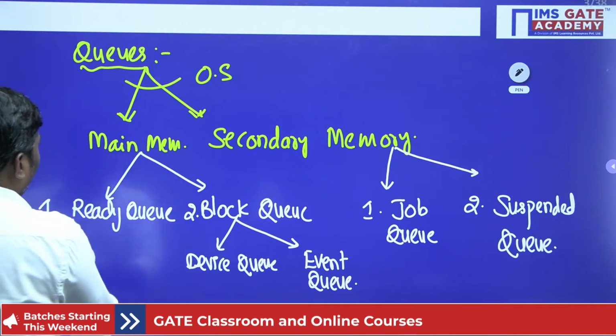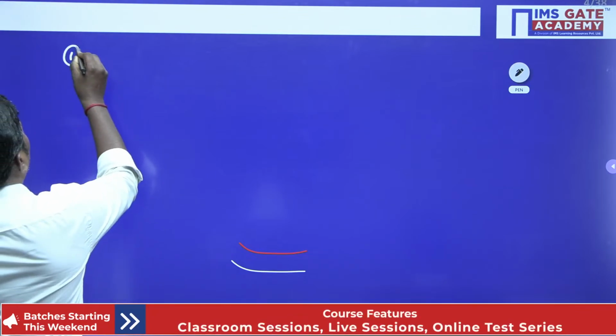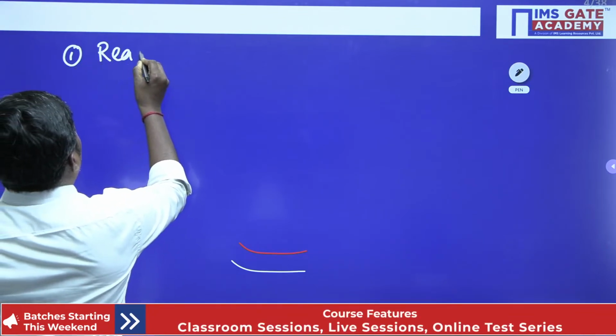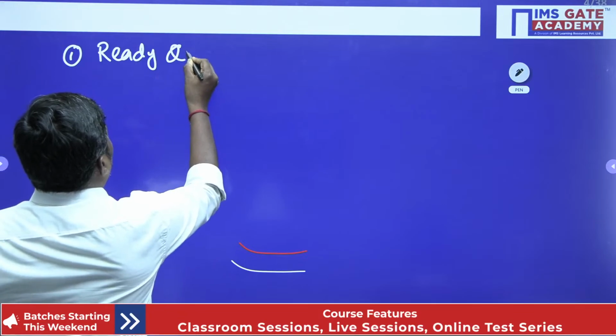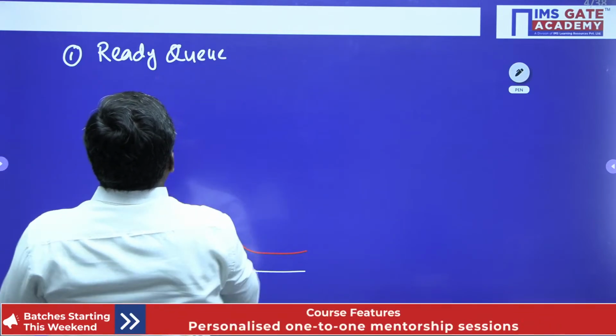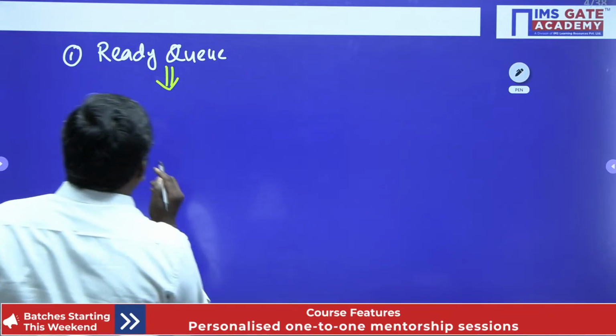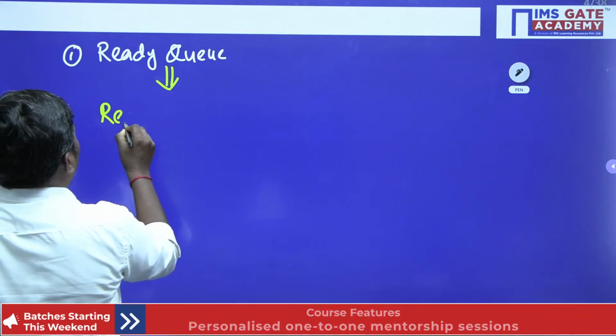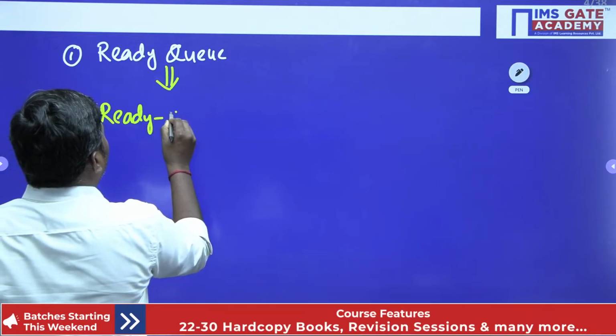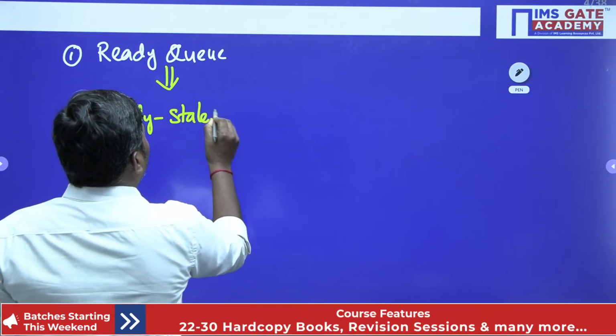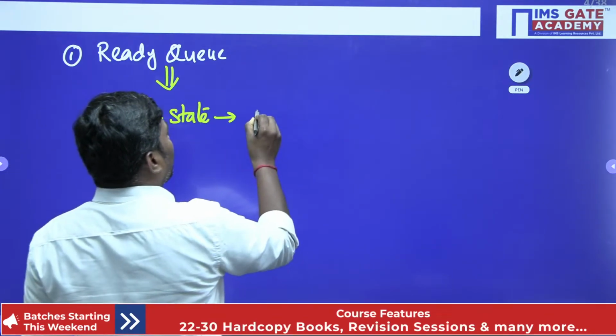In main memory, the first one is the ready queue. What does the ready queue contain? Please understand, the ready state is there, right? We have discussed the ready state. The ready state is implemented by the ready queue only.